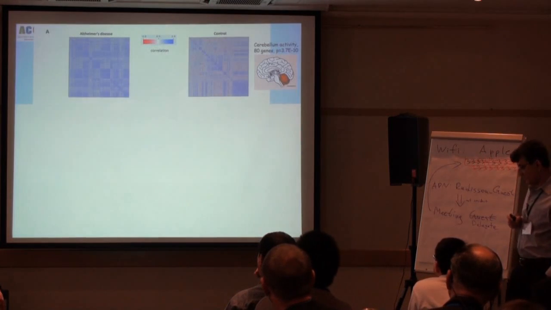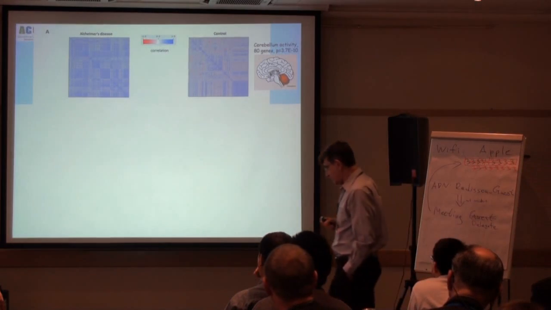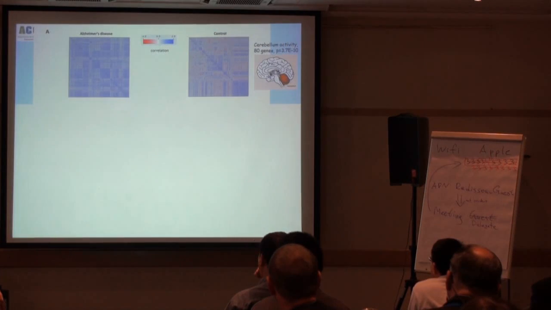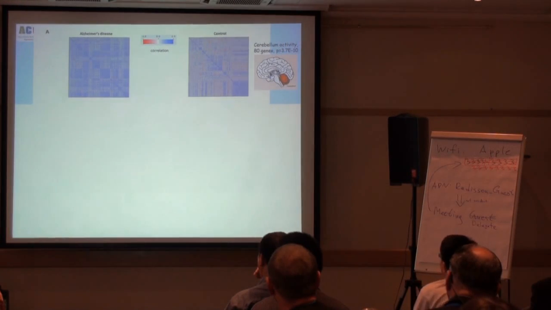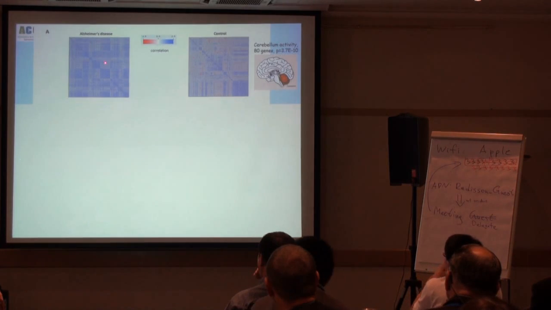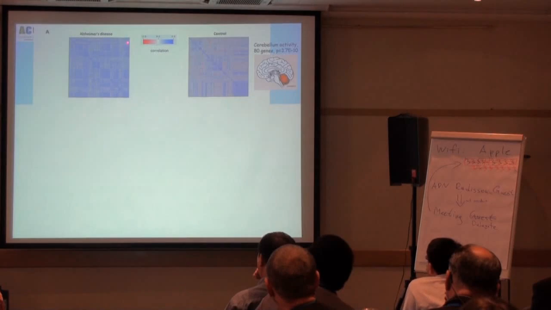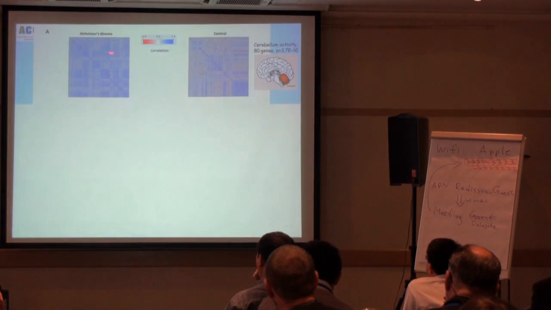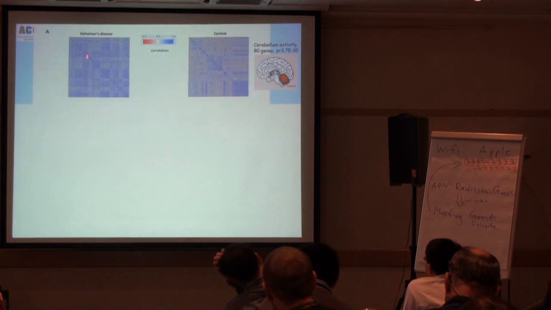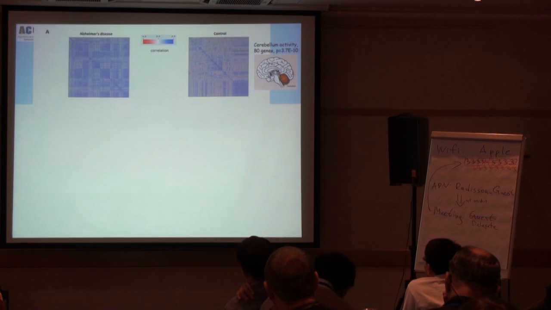So here is a real example. This comes from an Alzheimer's disease case control study. And this is a set of over 100 genes that are much more highly correlated in the patients than they are in the controls.